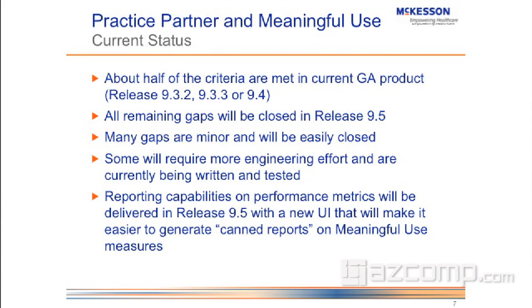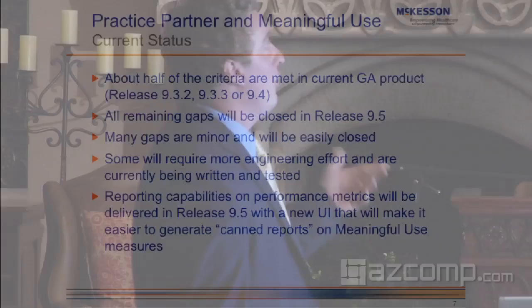So here's the current status of meaningful use and being certified for it. About half of the criteria right now is met in 9.3.2, 9.3.3, or 9.4 of Practice Partner. So if you're on the current version of Medisoft Clinical, half of those things are already met in this version. So you're good to go on that. All the remaining stuff is going to be covered in 9.5. I'll be showing you on the next couple of slides what things are met and what things are not met.